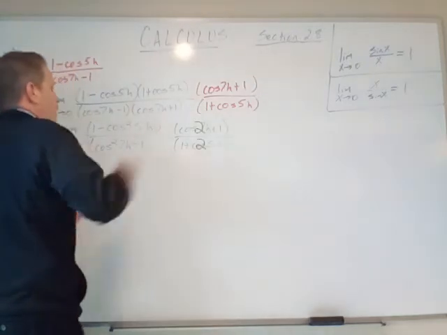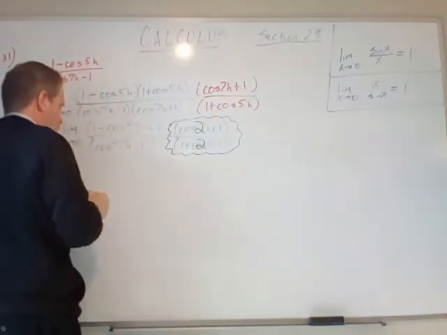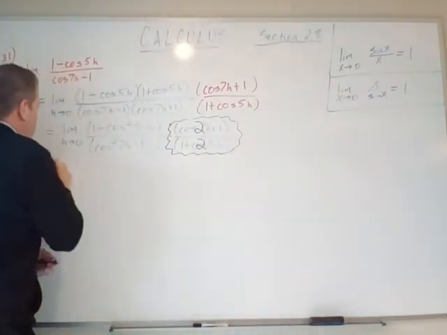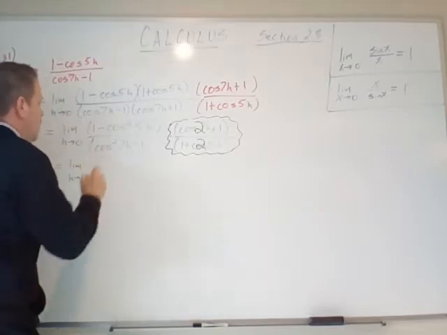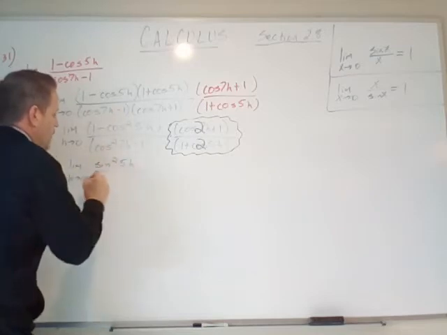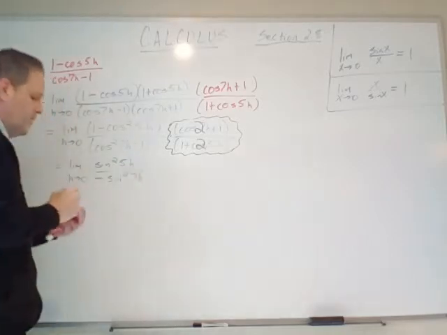So again, this part here gets absorbed in the problem. Realistically, we're just left with the limit as h goes to 0 of the sine squared of 5h over the opposite sine squared 7h.